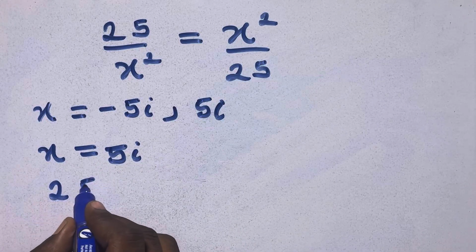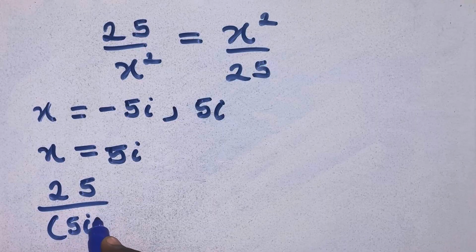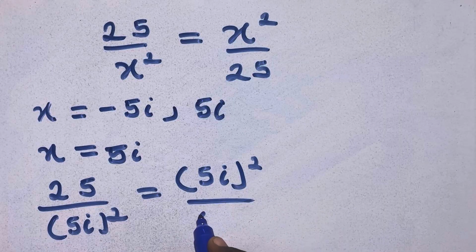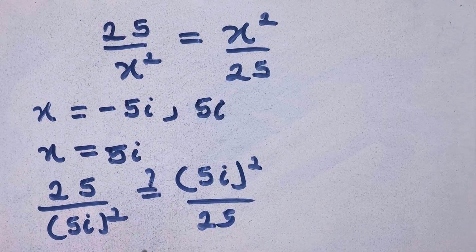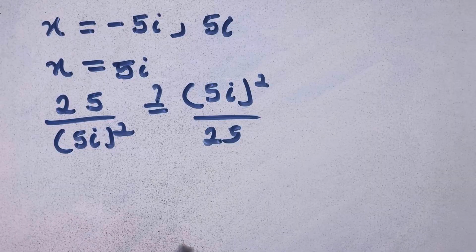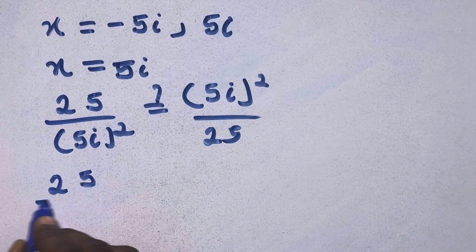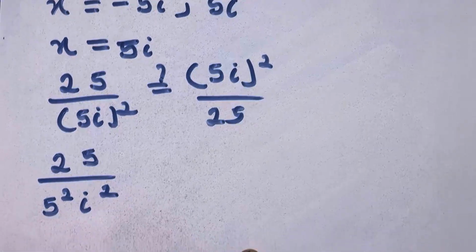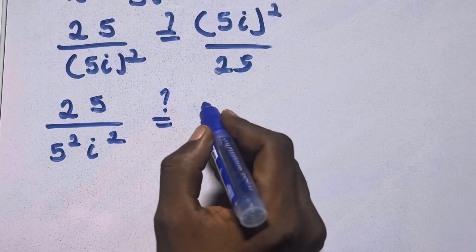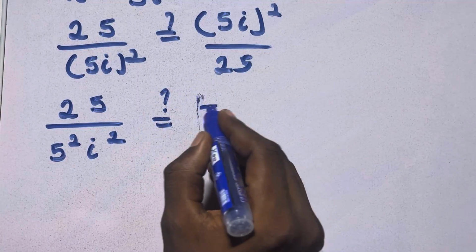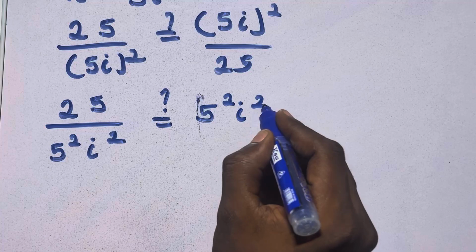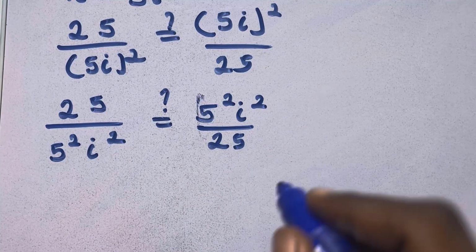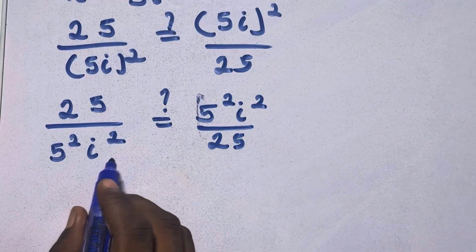So if x equals 5i, what we are going to have is 25 divided by 5i squared equals 5i squared divided by 25. We want to see if this is equal, right? So here we have 25, we have 5 squared, then i squared. Is this equal to 5 squared, then i squared divided by 25?